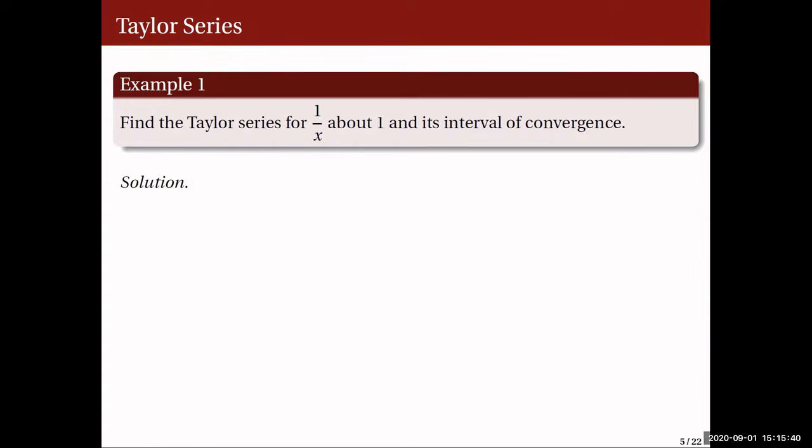For the solution, let us first define f0 of x to be the function f of x, which is equal to the given expression 1 over x, which can be written as x to the negative 1. Now let us compute the derivatives of f of x. Observe that f prime of x is negative 1 times x to the negative 2.